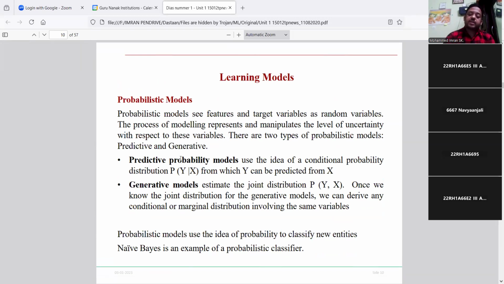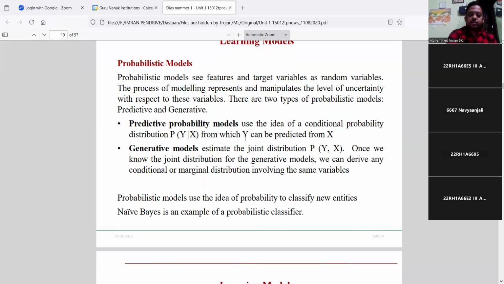We have two types: predictive probability models and generative models. The best example is the naive Bayes classifier for classifying entities. It is based upon conditional probability. Here we have a joint distribution P(X, Y). Once we know the joint distribution for generative models, we can derive any conditional or marginal distribution involving the same variables. So this is the thing about probabilistic models.